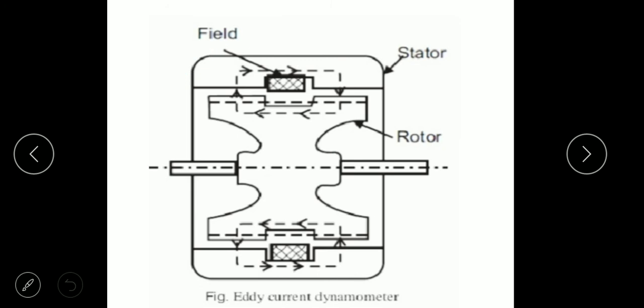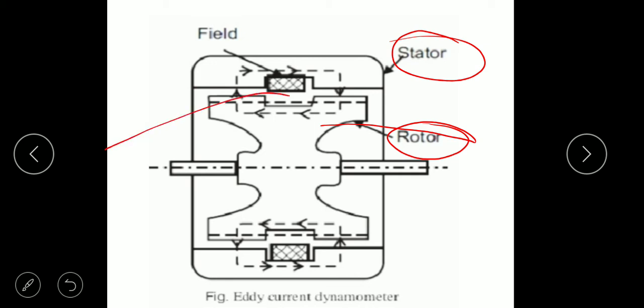There is one rotor, as in the previous diagram. There is the stator casing, and the stator poles on which the coil is mounted. On the notch-related portion, the stator poles, the coil is wound.